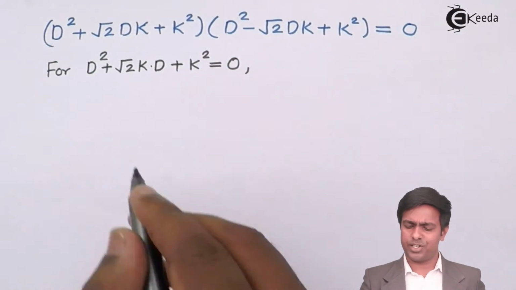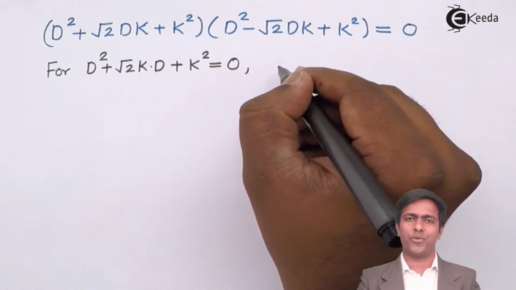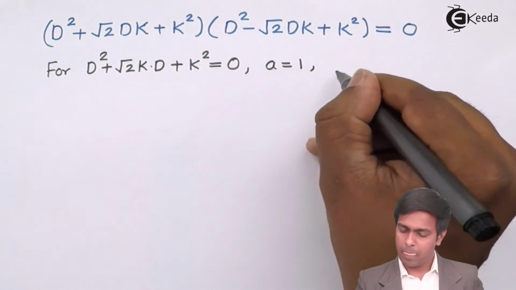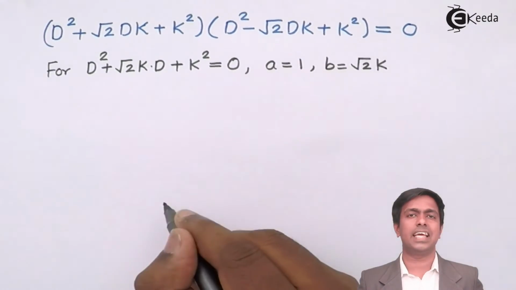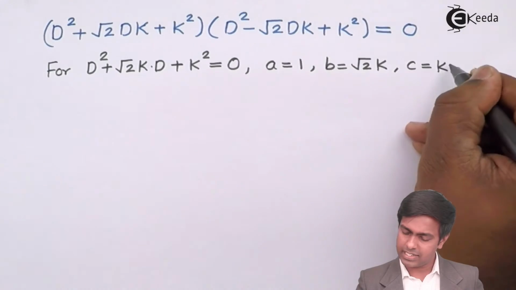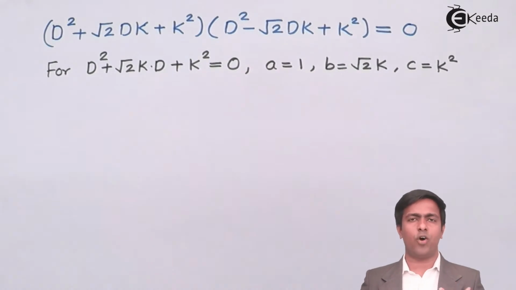For this first equation, if we compare it with the standard form of the quadratic equation, a is equal to 1, b is equal to square root of 2 into k, and c is equal to k square. Now let's find out the solution by using the formula.